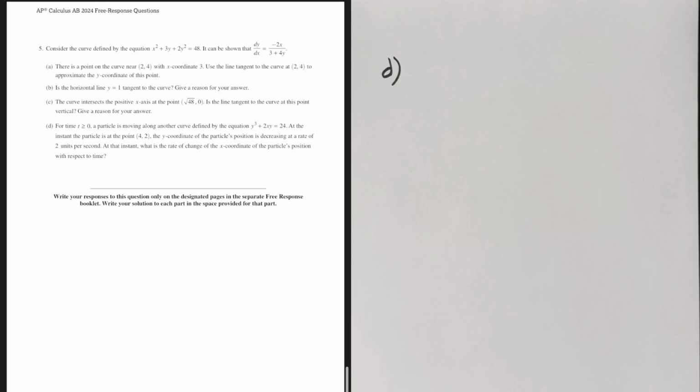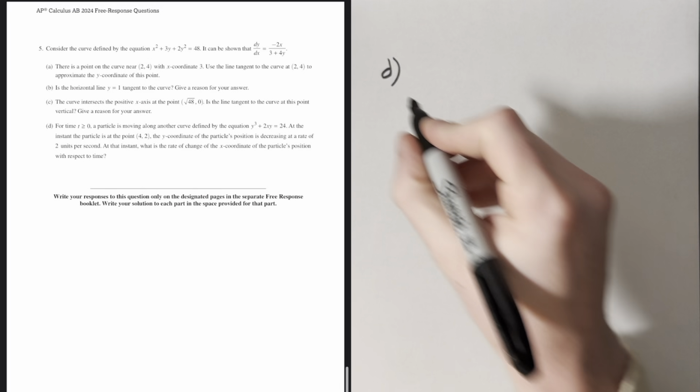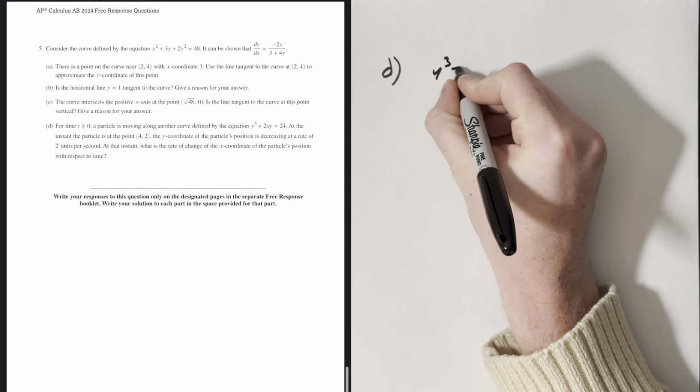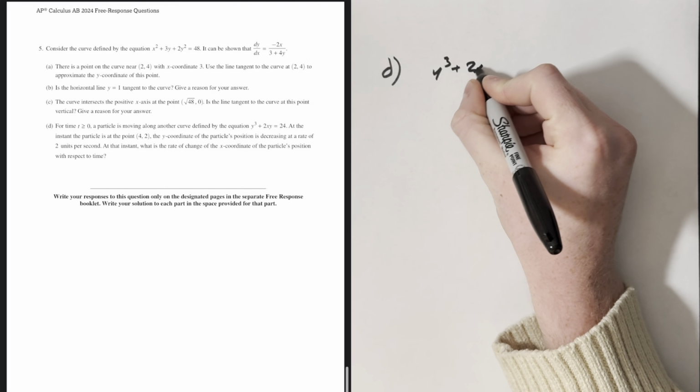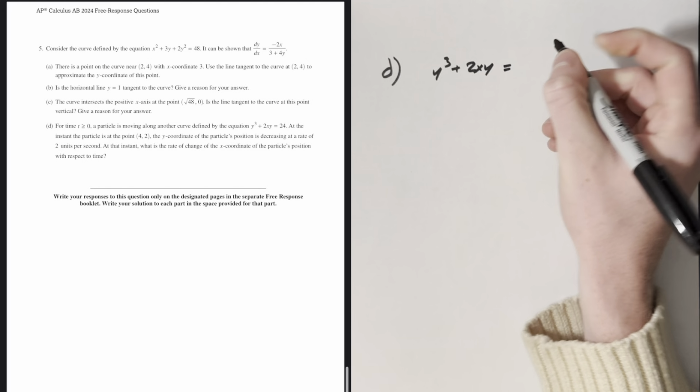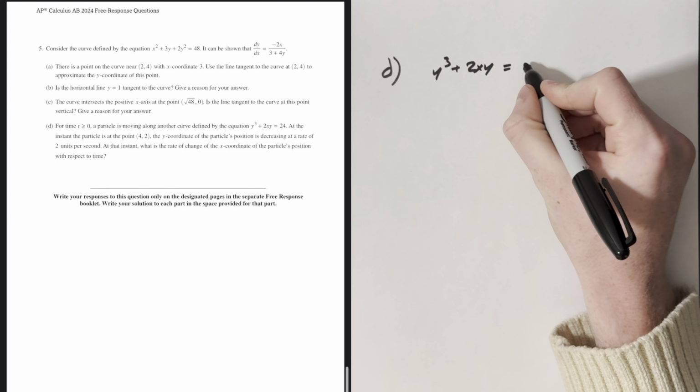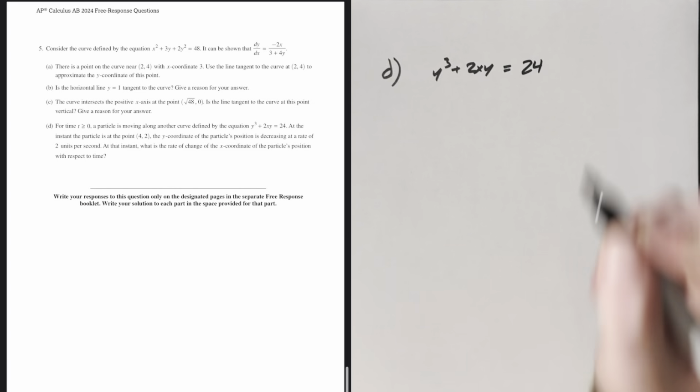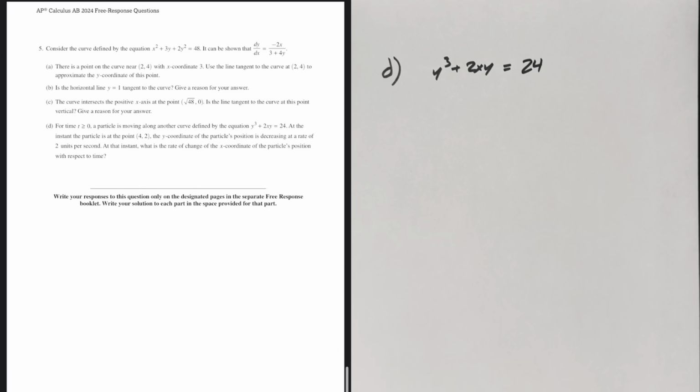So it says for time greater than 0, a particle is moving along another curve defined by the equation y cubed plus 2xy equals 24. So brand new curve, tossing out everything else.